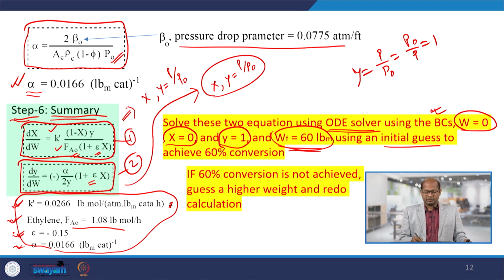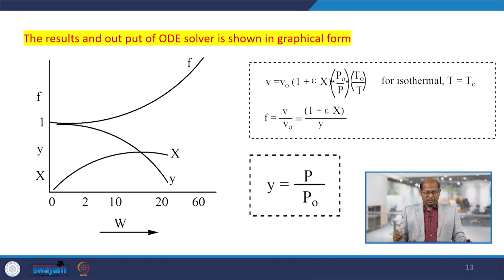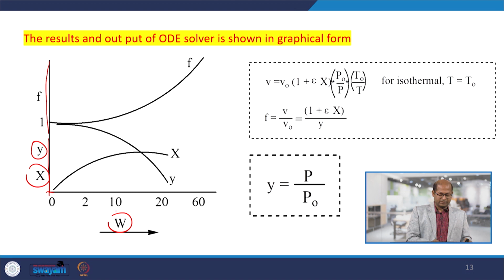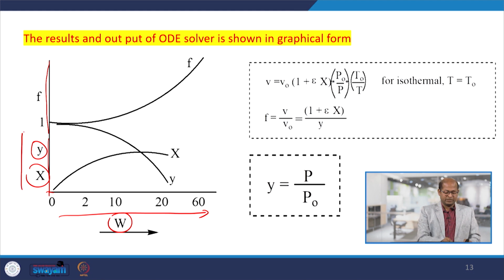Okay. Once you put that in, we will get the solutions or output from the ordinary differential equation solver after solving these two equations. Graphically, the output comes with x and y on the y axis and W, the weight of the catalyst, gradually increasing on the x axis, with x and y going up to 1.